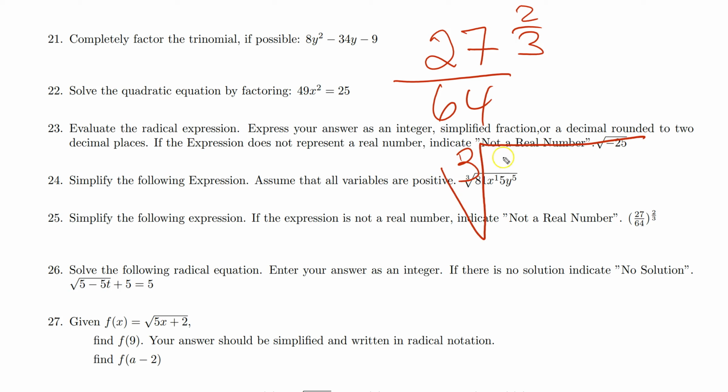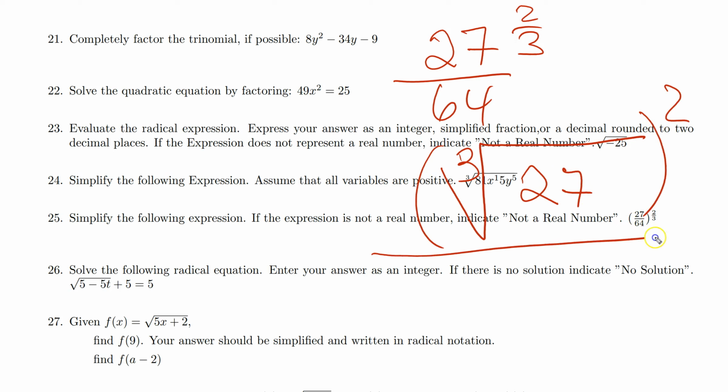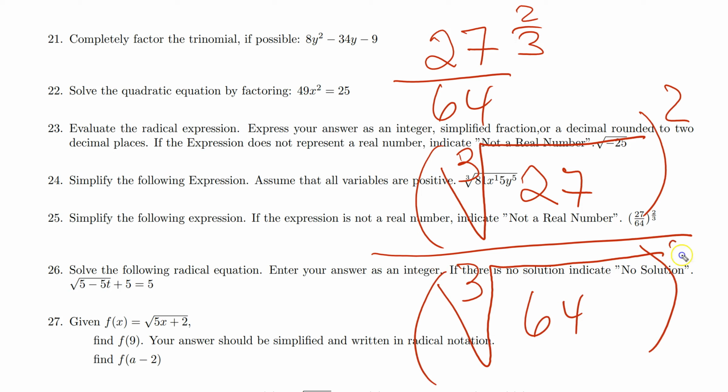And then we want to square that. So this is going to be the cube root of 27, and then we're going to square that. And that's going to be over the cube root of 64. And we need to square that.